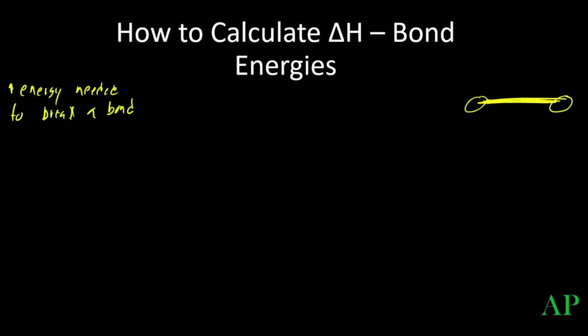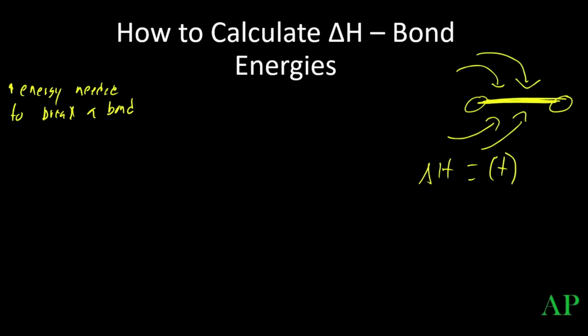How do we break this stick then? We have to physically put energy into this system in order for that to happen. If the process of breaking this requires an input of energy, then that process is one that has a delta H value which is positive. It's endothermic. Breaking bonds is always going to be an endothermic process. It requires energy.